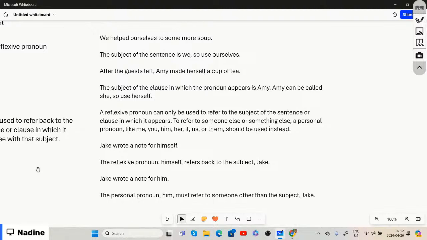So, we helped ourselves, which means they're referring back to themselves. So we helped ourselves to some soup, right? Not to someone else, but they refer to themselves. So in that case, the subject of the sentence is we, and they use ourselves.